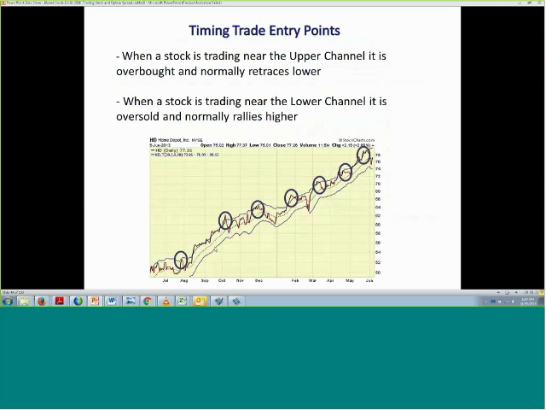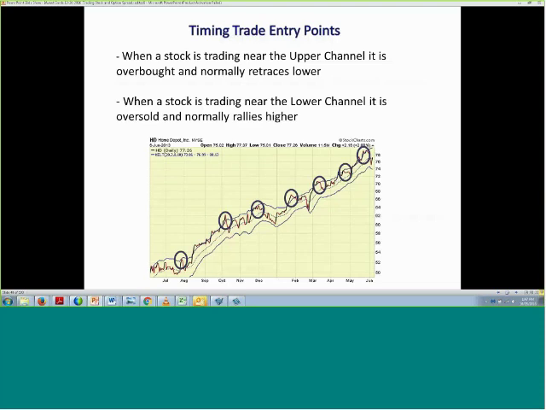So what I did is I circled the points where the stock was trading near the upper channel and it was getting overbought, and you can see each time that it got overbought, it retraced, overbought, retraced, overbought, retraced.